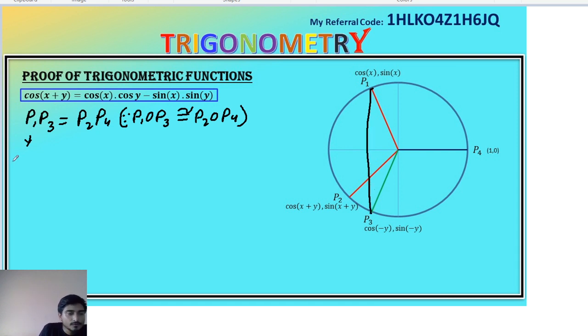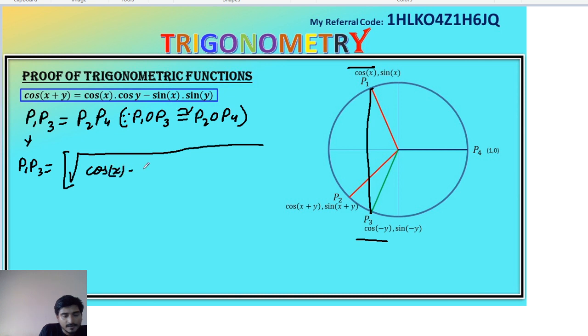To find this value we can use the distance formula, that is P1 P3 is equal to the root of x coordinate of this minus x coordinate of this whole square, cos x minus cos of minus y whole square, and then plus y coordinate of this minus y coordinate of this whole square, so that I can write as sin x minus sin of minus y whole square.